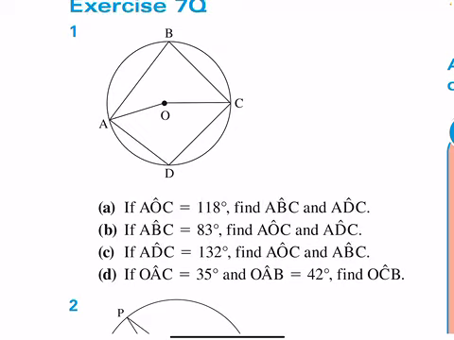If this is 118 degrees, find this angle. If this is 118, what is the angle of B? The angle of B is half the angle of O.